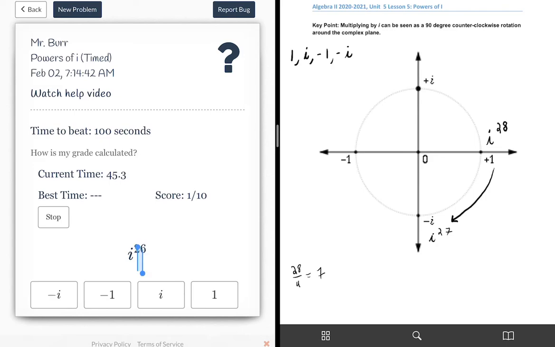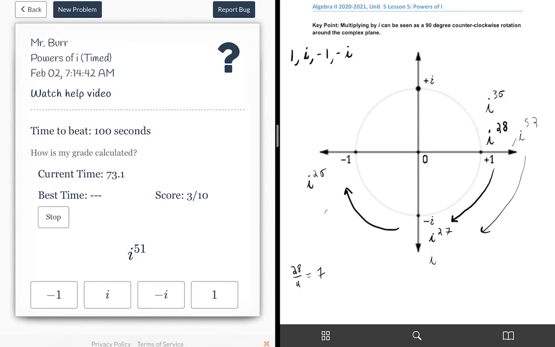Okay, well this one, see, this is how I can start to go really fast. I to the 26th would be just right here. It would be 1 more back, so this would be -1. I to the 36th, well 36 is divisible by 4. So I to the 36th is just 1. Then I to the 52nd, so you're going to get really good at powers of 2, the power is divisible by 4.